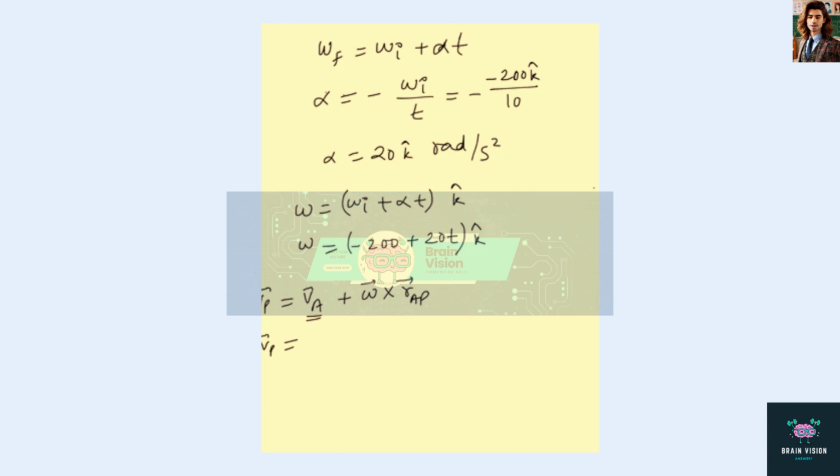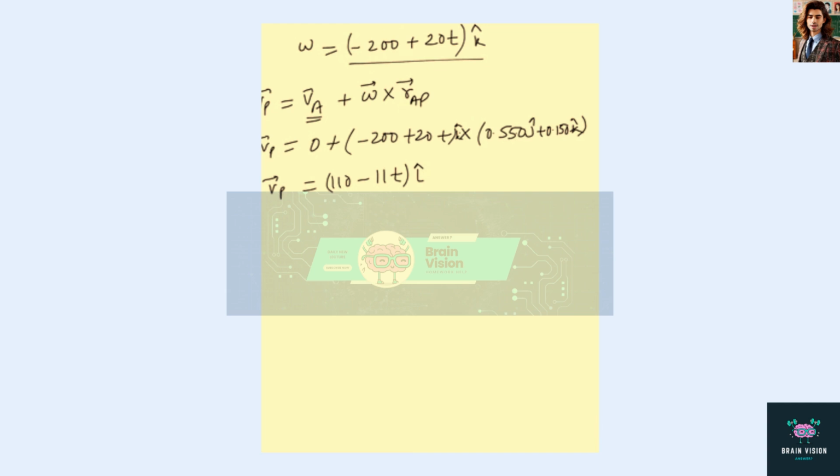So Vp will be equal to Va, which is 0 at point A, so 0 plus ω, which is minus 200 plus 20t, cross RAP, which is minus 0.550 j cap plus 0.150 k cap. So after performing the cross product, we get Vp equals 110 minus 11 t i cap. Okay, this is the velocity of point P.